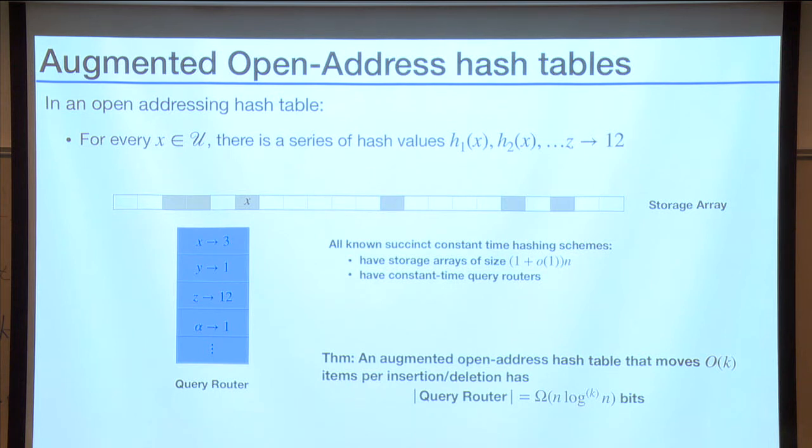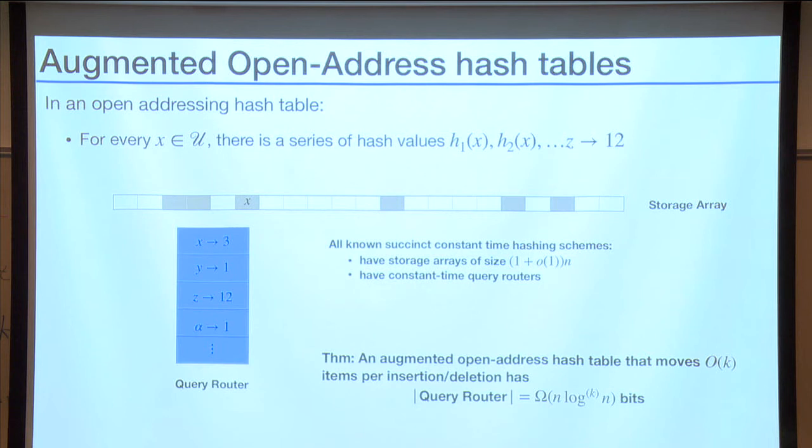Sorry, what about the space needed to store the hash functions themselves? Where do the hash functions come from? In the lower bound, we're just bounding the size of the query router, so it doesn't matter how much space it takes to store the hash function.